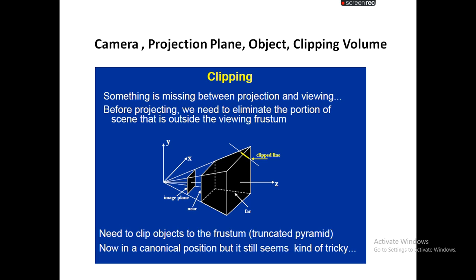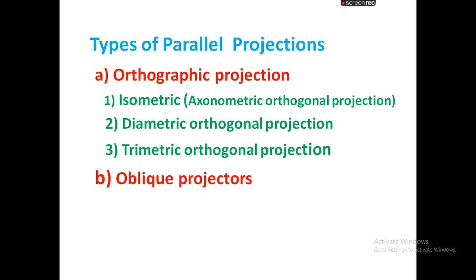If the object exists at an infinite distance, means after the far distance, we cannot view that object, or we cannot translate that object description onto the projection plane. So I will conclude this topic here only.